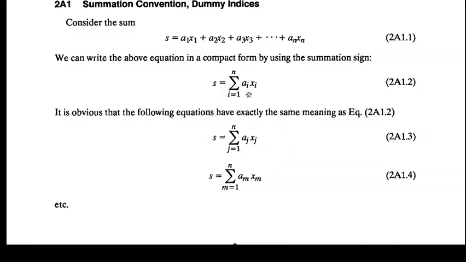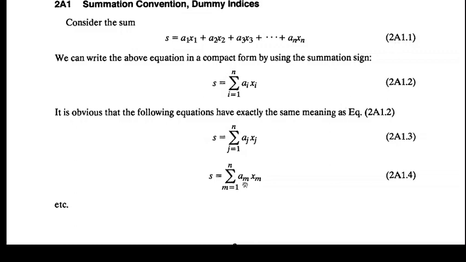If you open the summation on i in equation 2a.1.2, you will have the right hand side of 2a.1.1, and if you open the summation on j, you will again have the right hand side of equation 2a.1.1.